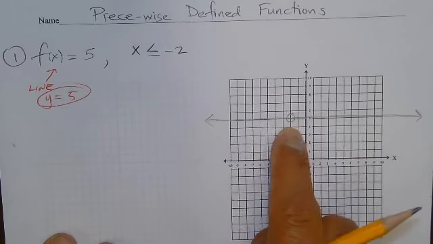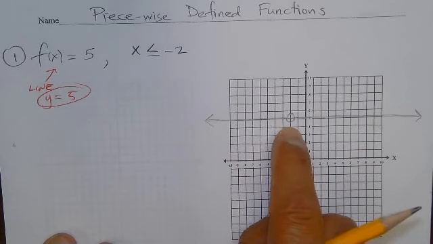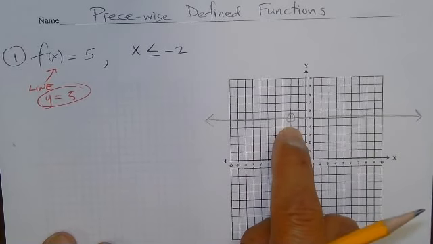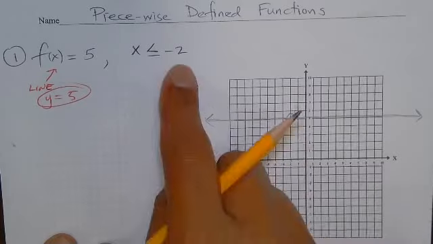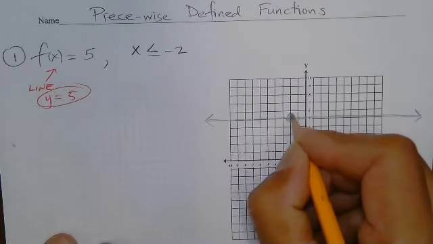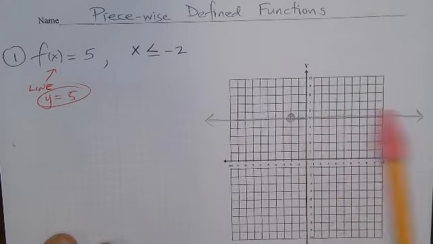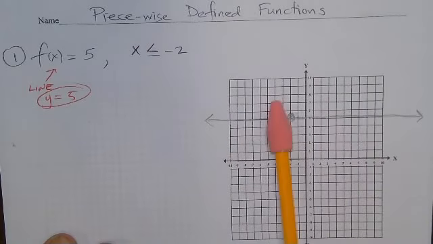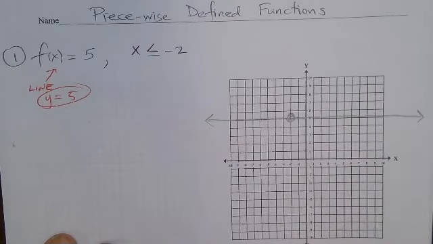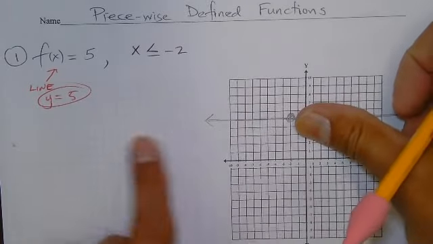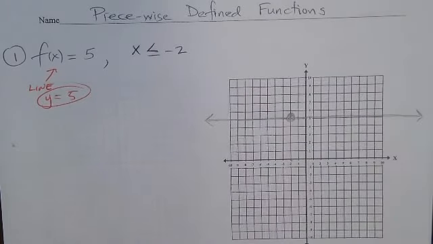And how do you know when it's an open circle or a filled-in circle? If it's inclusive or exclusive. It has an equal sign, so yes, it is going to include the negative 2. Now the question here is, do I keep the right part of this graph and erase this left side, or do I keep the left side and erase the right side?